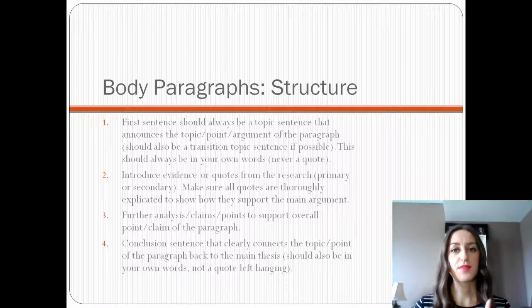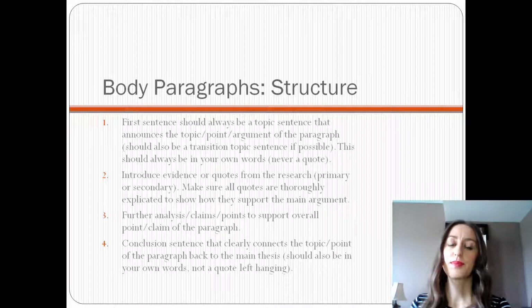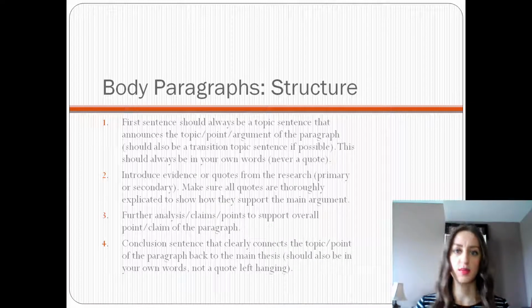Now, I highly recommend that it's a transition topic sentence if possible, and I'm going to talk about transition topic sentences in just a minute, sort of explain what I mean by that. But another thing that I recommend about this topic sentence, it should always be in your own words, right?